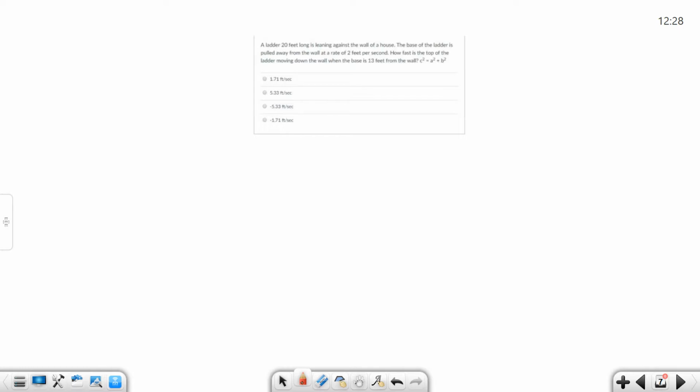Okay, so here's our next one. A ladder 20 feet long is leaning against the wall of a house. The base of the ladder is pulled away from the wall. We'll call that x. The top of the ladder is dropping. You'll notice it tells you to use the Pythagorean theorem, c squared equals a squared plus b squared. I prefer x's and y's, but the formula that we're going to use is x squared plus y squared equals 20 squared.